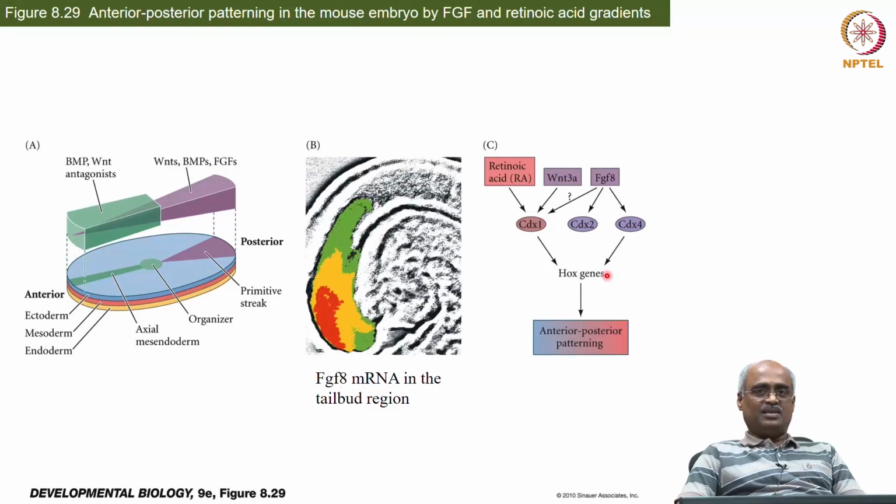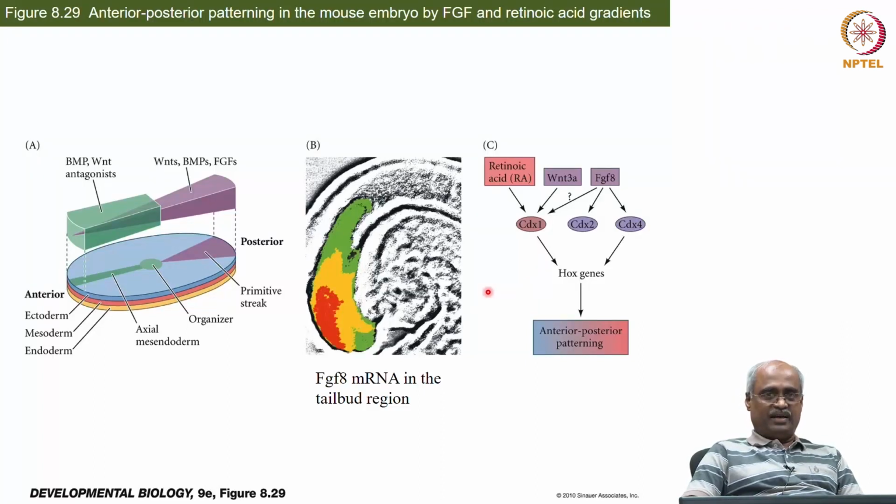Okay, so the initial thing is you have two signaling centers, one near the region where the future head is going to form, that is the AVE, and the other one is the node. And the AVE produces signals that restrict the posterior signals to the posterior and enable the head formation by the activity of Cerberus and Noggin at a later stage.